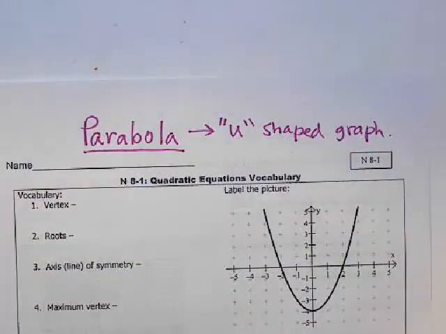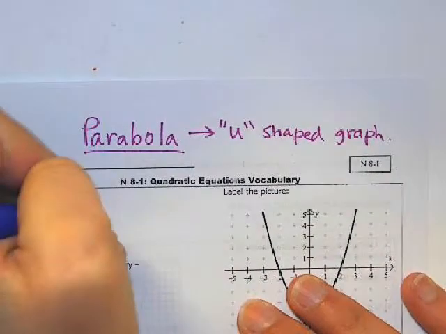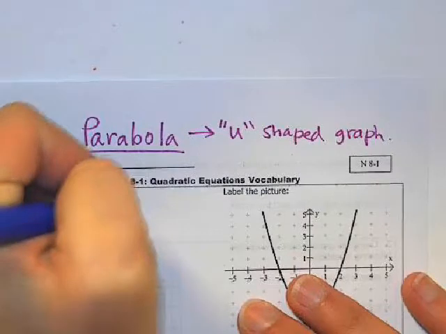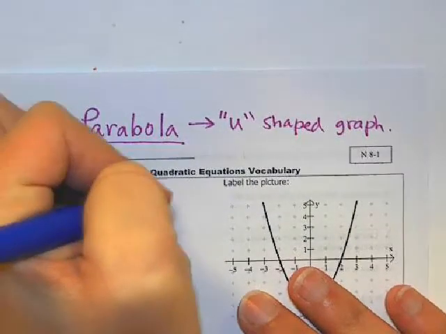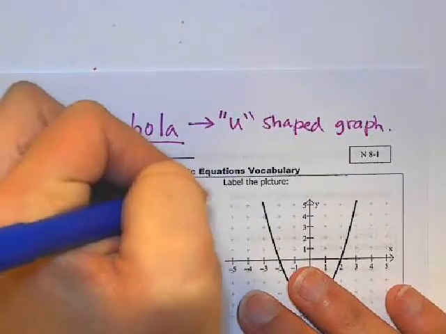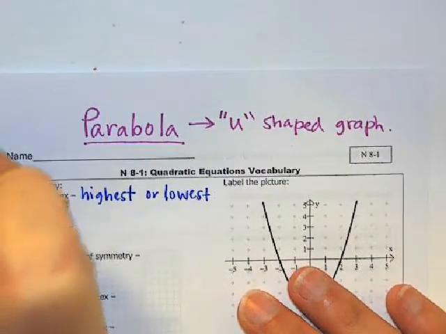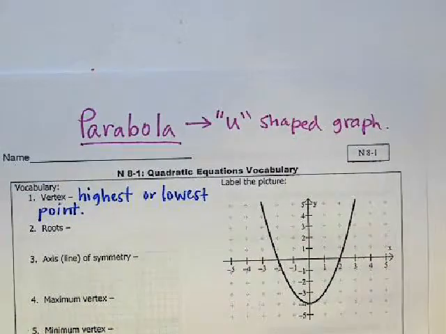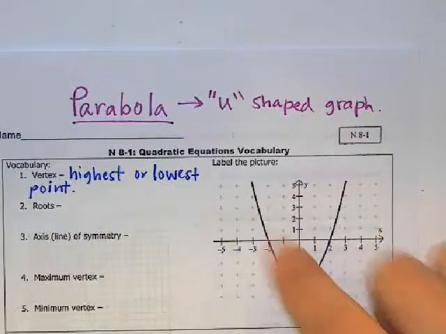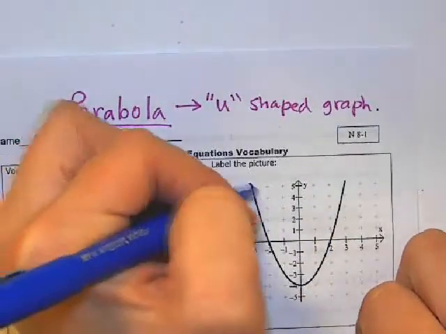All right? Vertex is going to be your highest, you're going to have to write kind of small on these, highest or lowest point. So it's either the highest point or the lowest point. I want you to imagine this U-shaped graph having arrows.